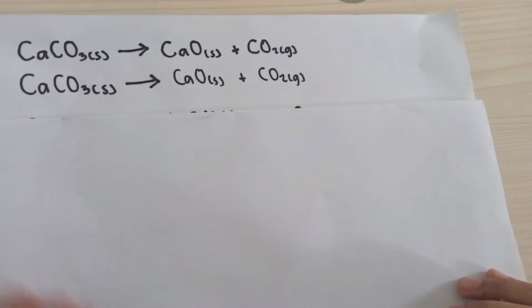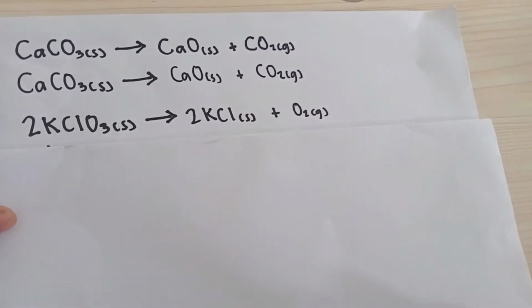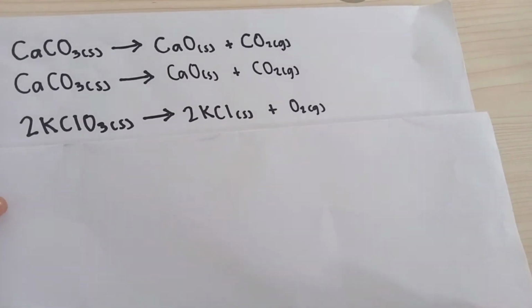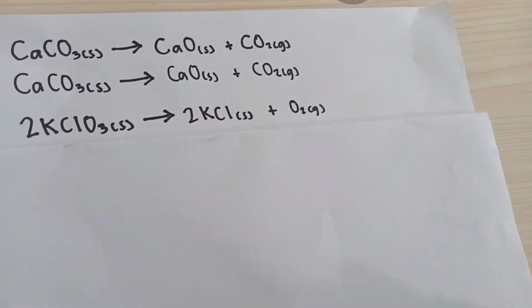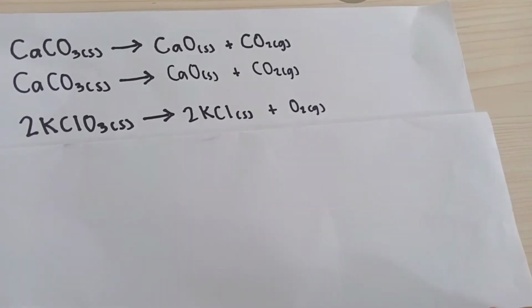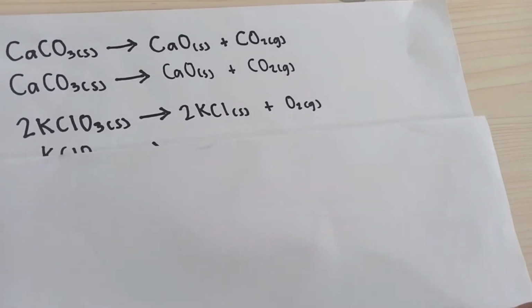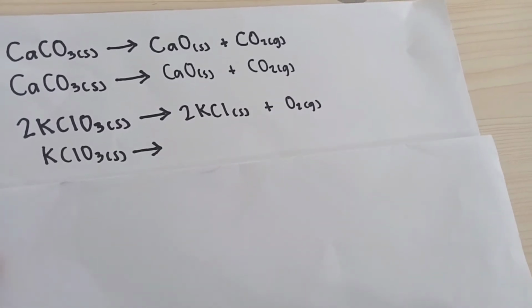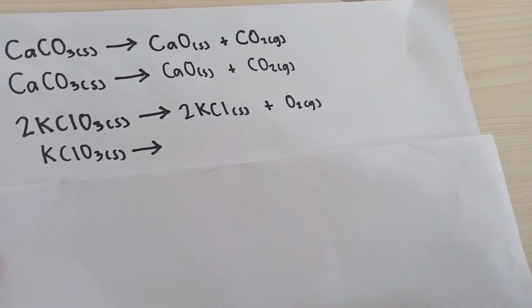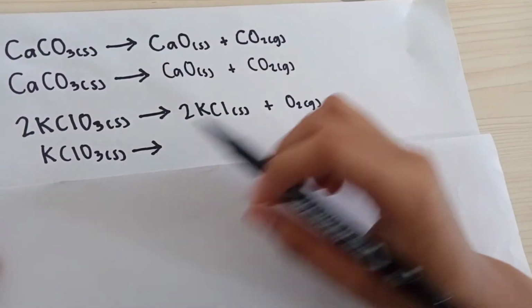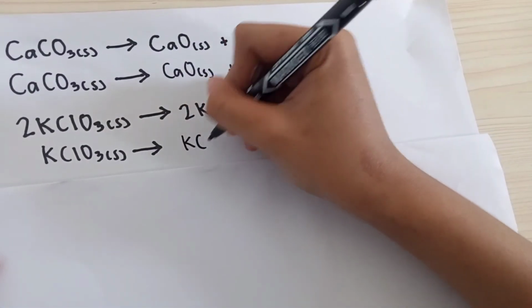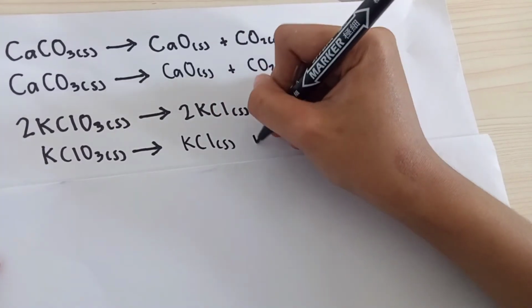For the next example is 2KClO3(s) producing 2KCl(s) and 3O2(g). Just like the first example, I'll show you how we predict and balance the equation. First, we decompose this and we will have KCl(s) and O2(g).